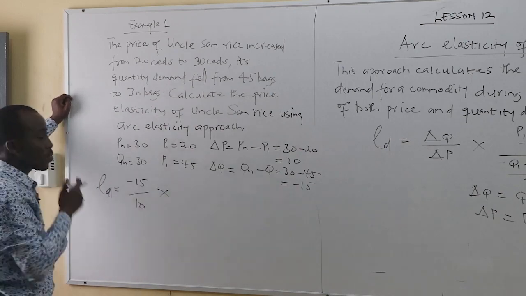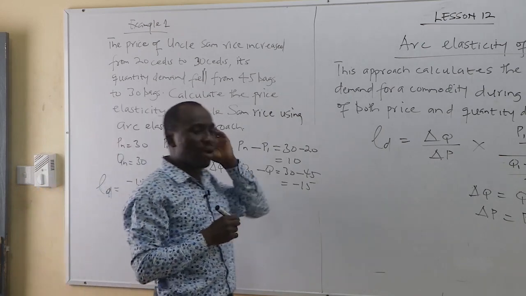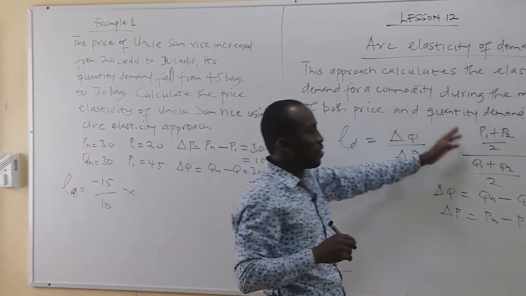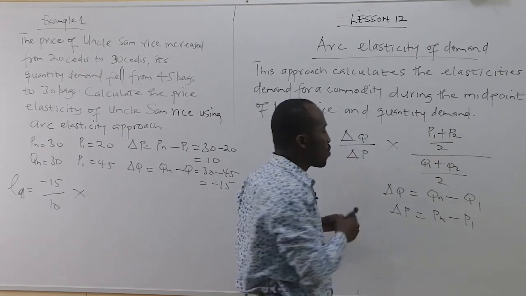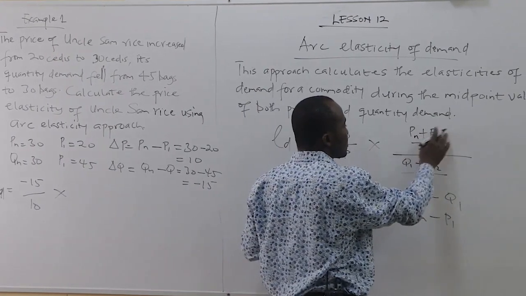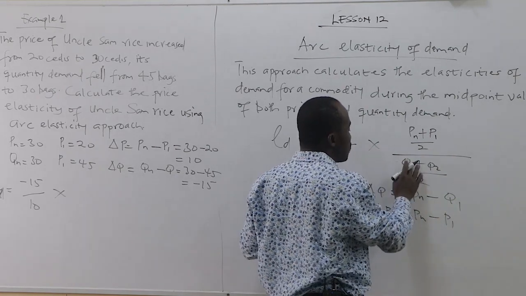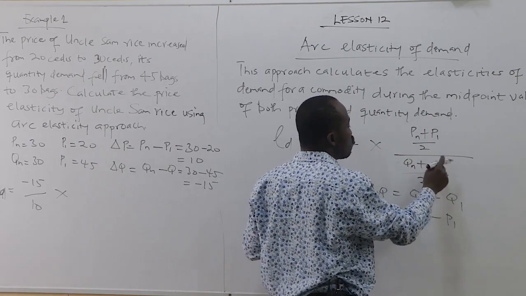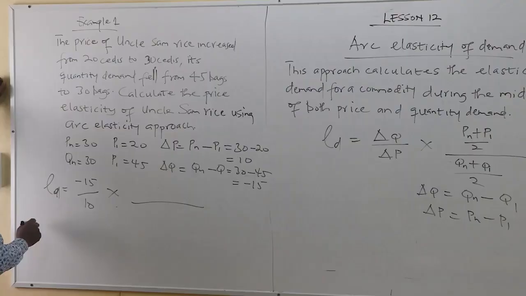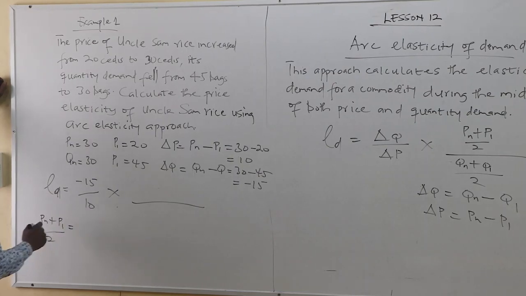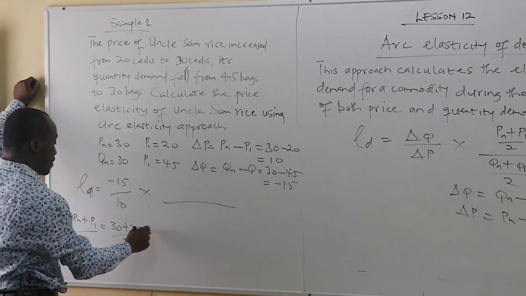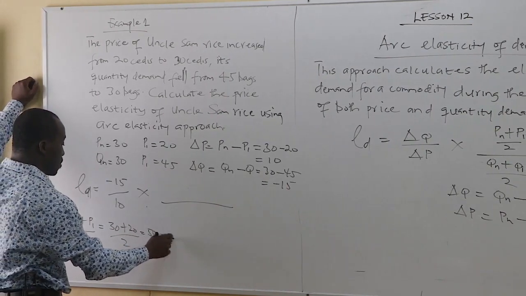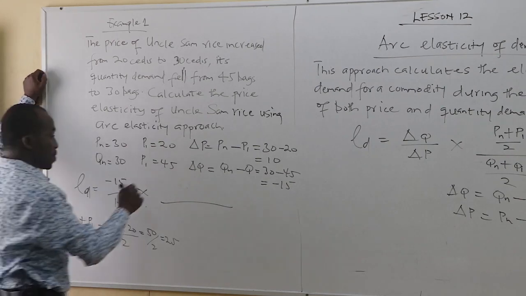When we come here, instead of using the initial price, like what we do in the point elasticity, we're going to use both the new price and the initial price, and find the average. The two, instead of using only the initial. P2 plus P1 divided by 2, that is 30 plus 20 divided by 2, which gives 50 divided by 2, which is 25.